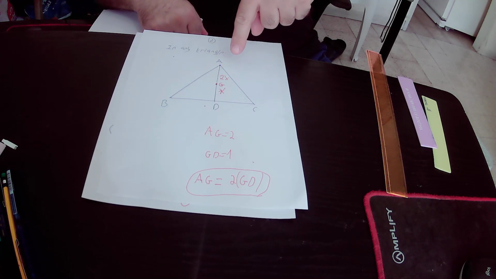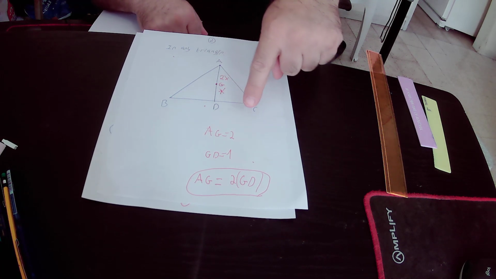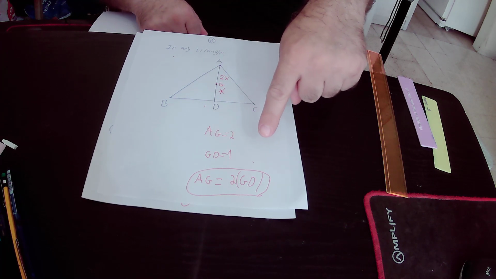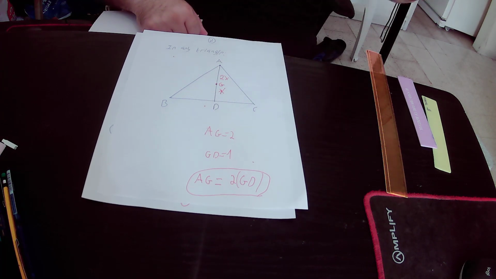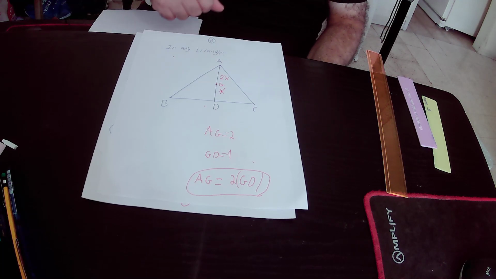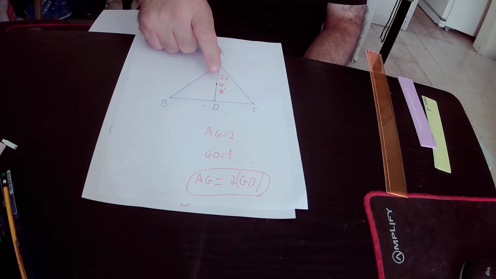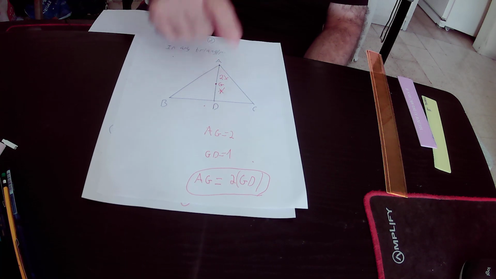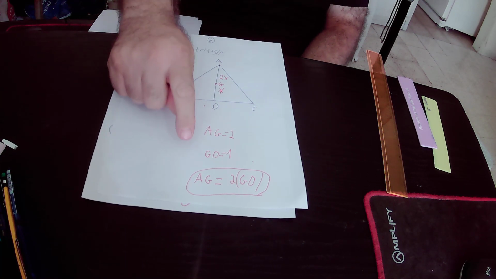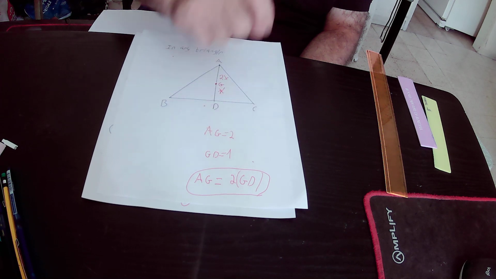That is to say, if AG equals 2 units, then GD will be equal to 1 unit. So, in other words, AG is twice as large as GD. Or in other words, AG equals 2 times GD.